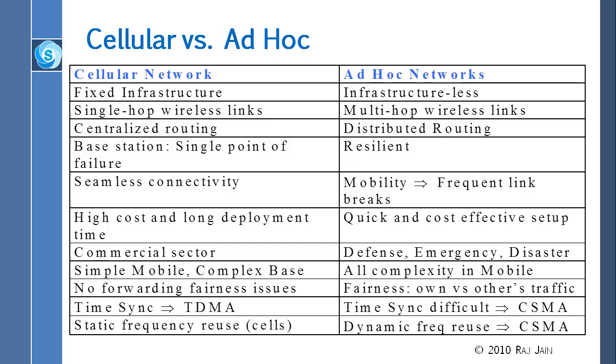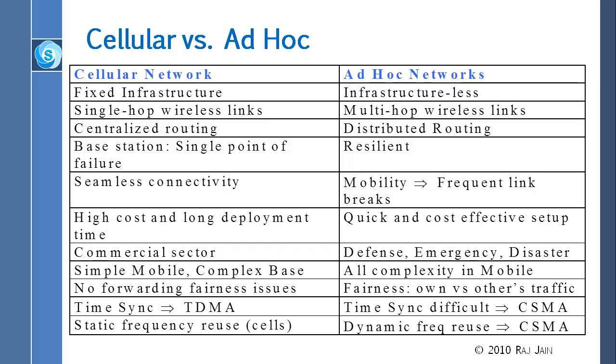Forwarding fairness is an issue. One of the issues in ad hoc networks is how much energy, time and resources you devote to forwarding other people's traffic versus your own traffic. When you have a load which is close to 100%, should you keep 90% of it for yourself, or 50%, or 10%, because there are 9 other people sharing the same thing through your node?